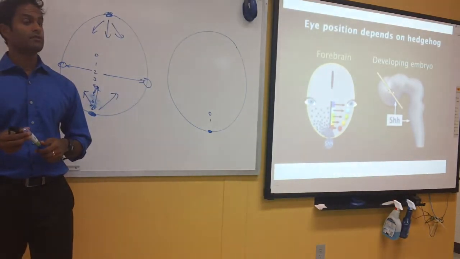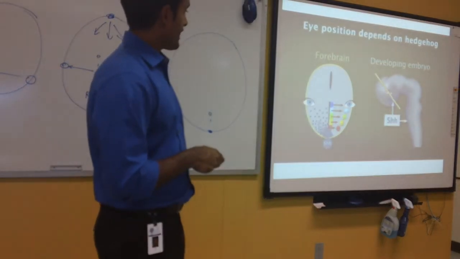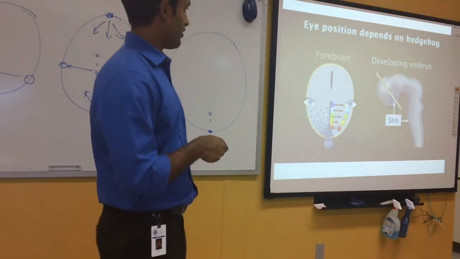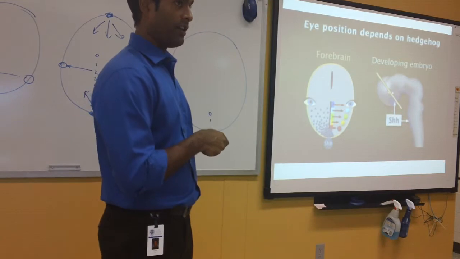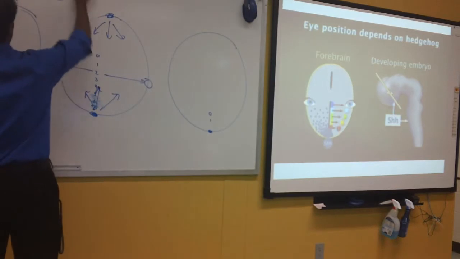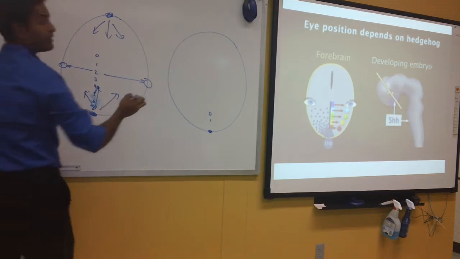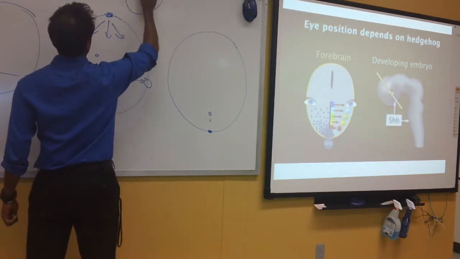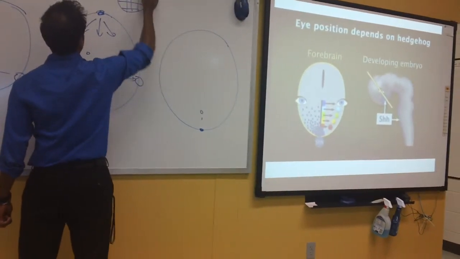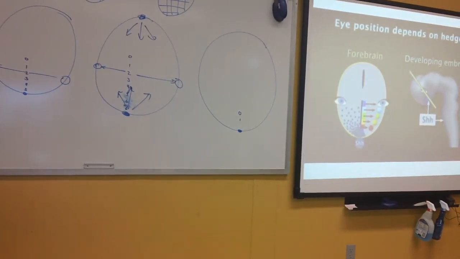What is the black line on the left? Okay, so this is a tube. This is the hole of that tube. So this started like that, and now that's you though.